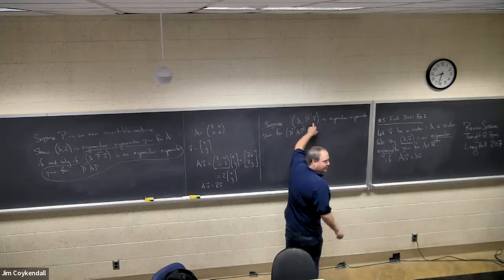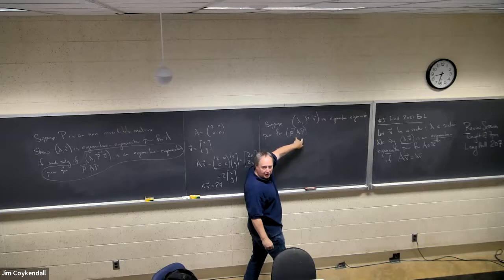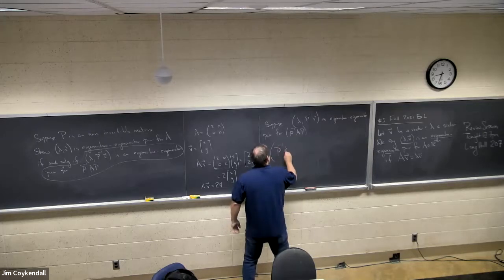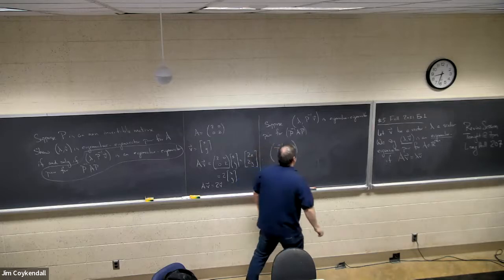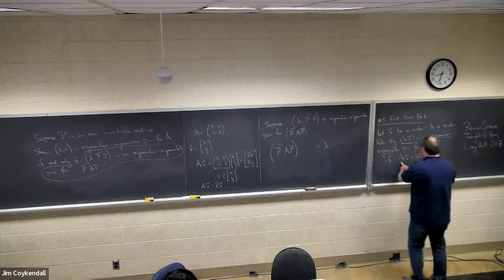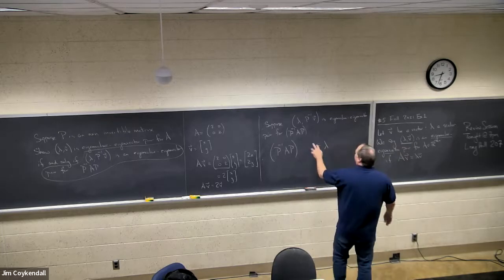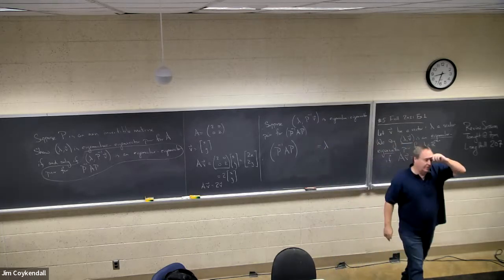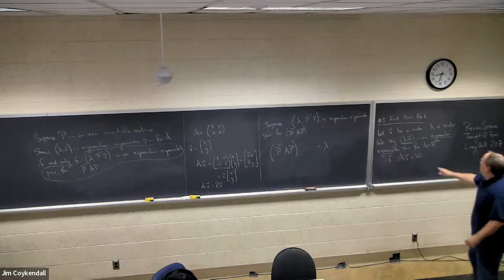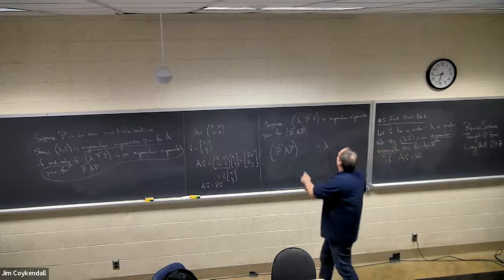This is the pair, and this is the matrix. This is now playing the role of the matrix A. Everybody agree with that? So P inverse A P is the matrix, there's the lambda, and what's my V here? What actor is playing the role of V in the definition? In this case, it's this.